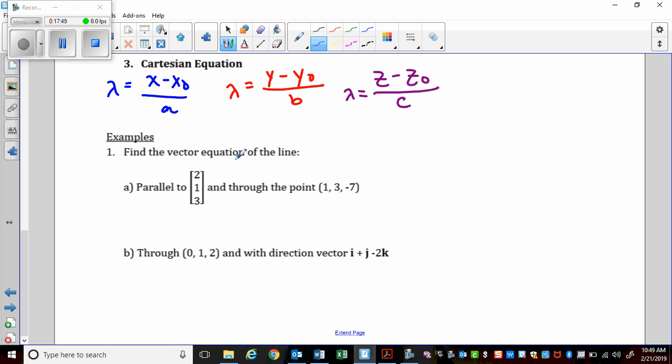Let's do an example. Find the vector equation of the line parallel to 2, 1, 3, and going through this point. So this is x, y, z. There's 3 dimensions this time.